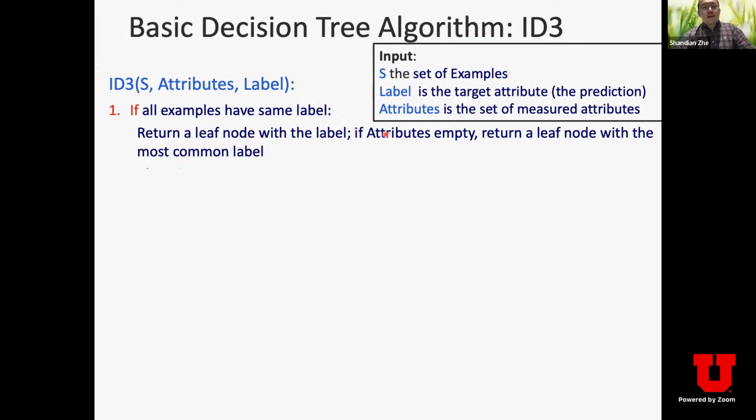Here, I want to emphasize another boundary condition. That is, if the attribute set is empty, we have to stop as well, right? Why?